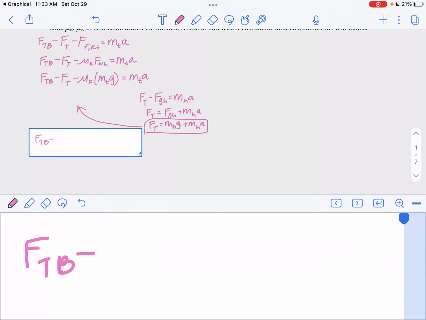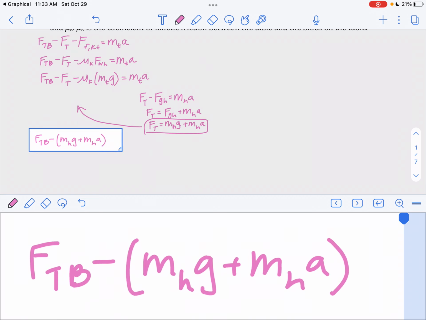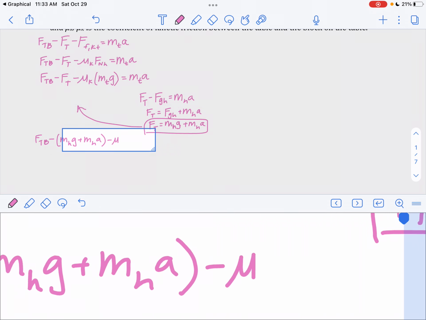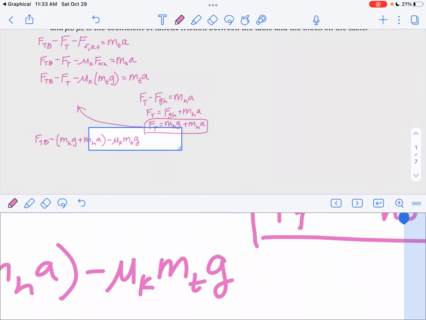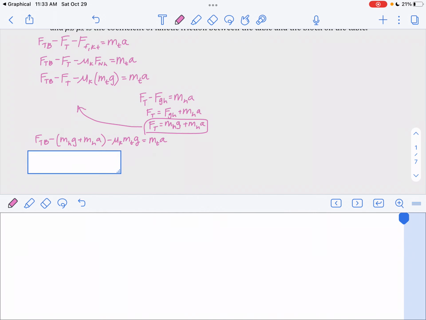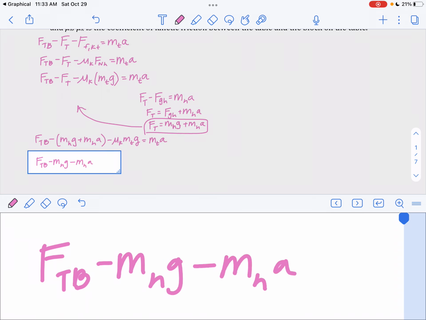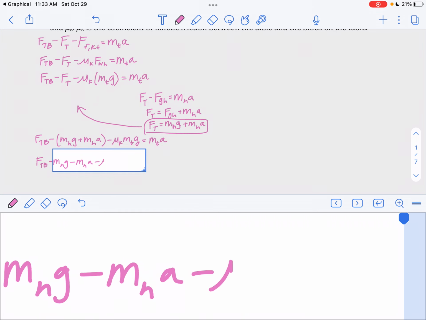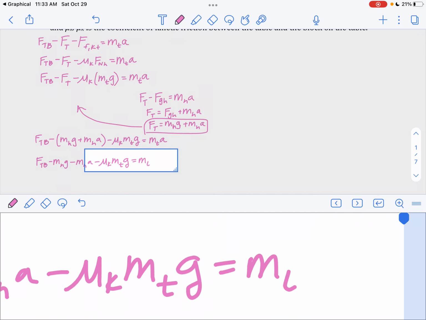So then I get Ftb minus mhg plus mha, and then minus my force of friction. And then I need to get the a's together, but first I need to distribute this negative, so minus. And from here it's really just a lot of algebra.